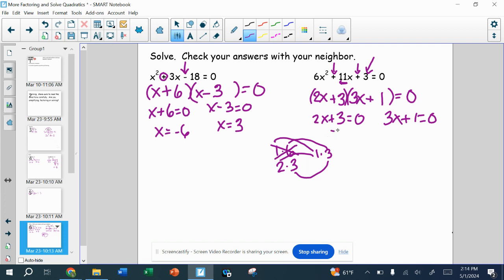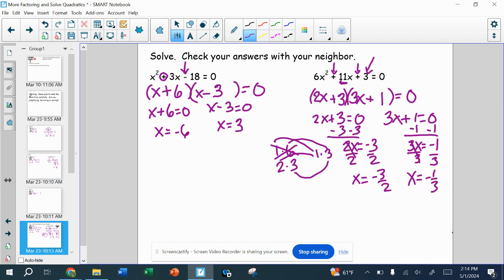I'm going to show some work right here. I'm going to subtract 3, so I've got 2x equals negative 3, divided by 2. So I've got x equals negative 3 over 2, or negative 1.5. Subtract the 1 on this one. 3x equals negative 1. And divide by 3, I've got that x equals negative 1/3.